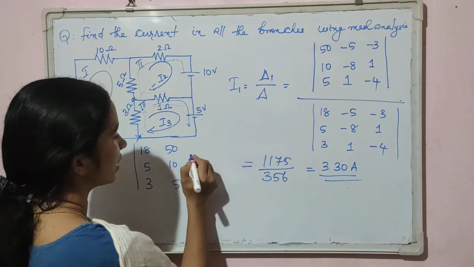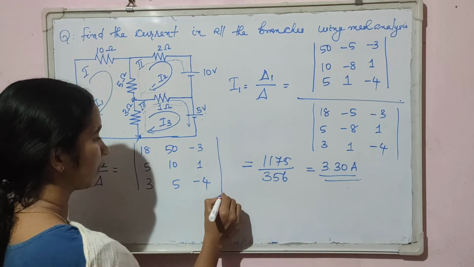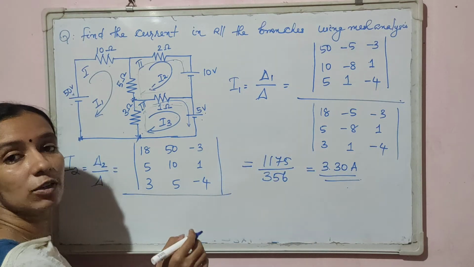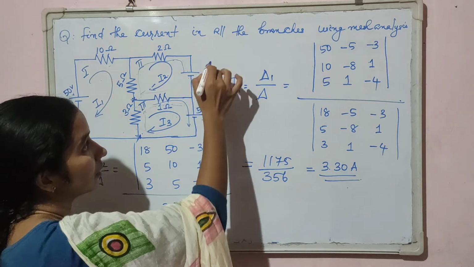And the third column is the same, minus 3, 1 and minus 4, divided by delta. Delta is the determinant of the original resistance matrix, that is 356.